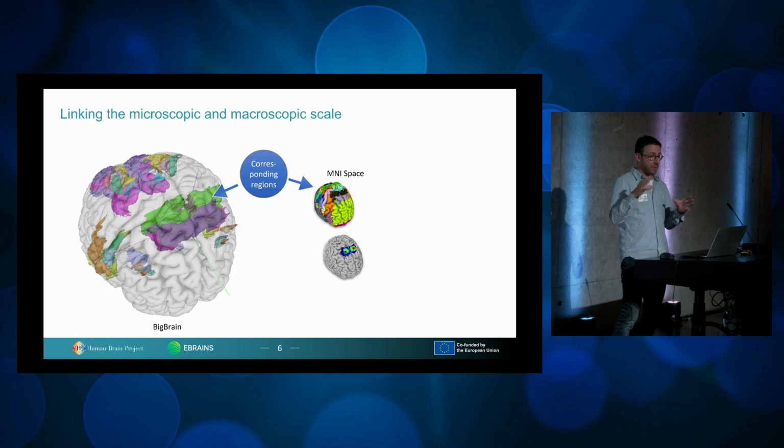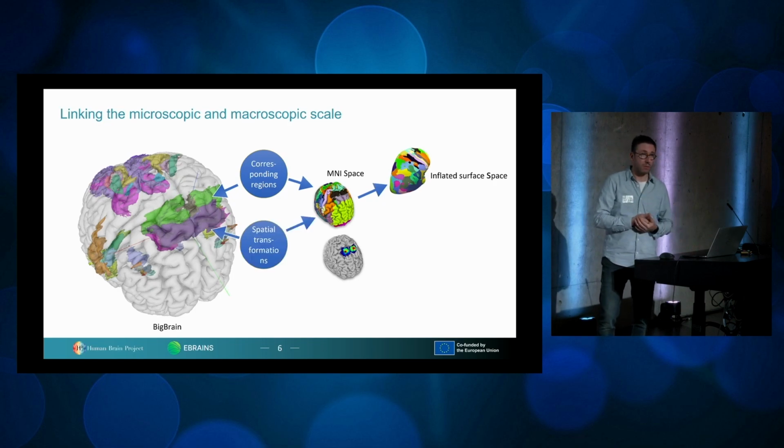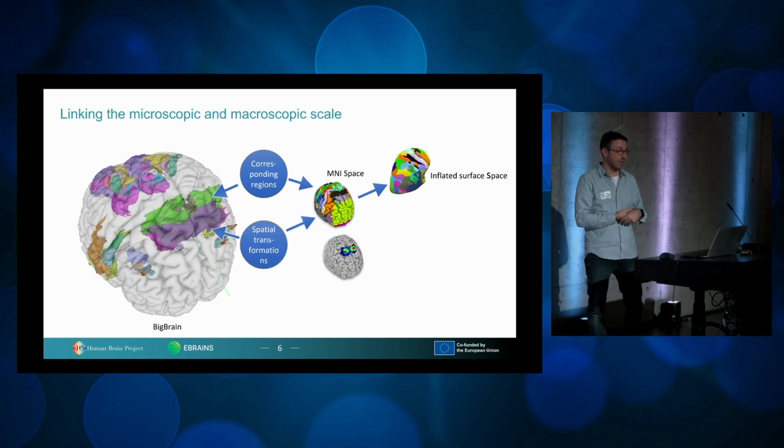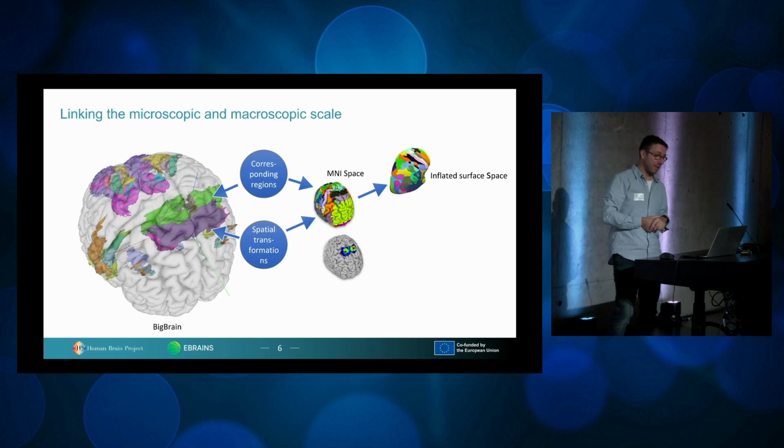And if we have brain regions mapped in these different spaces, this, of course, gives us a link, where we can select the same brain regions in the different spaces. Another more established link across these scales is, of course, to have spatial transformations between these different reference spaces, and a lot has been said and will be discussed also in this workshop in this regard.